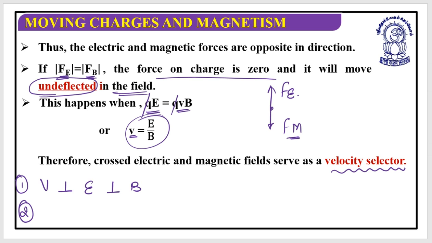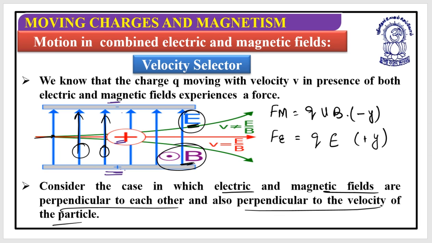And the second condition is that the value of magnetic force and the value of the electric force should be the same. If this is the case, and I have entered my charged particle with a certain specific velocity, then my charged particle will move undeviated. It will move on a straight path. I hope this is clear.